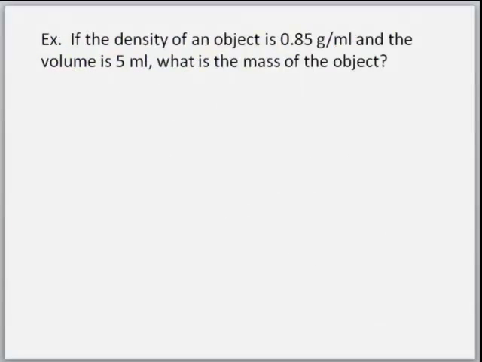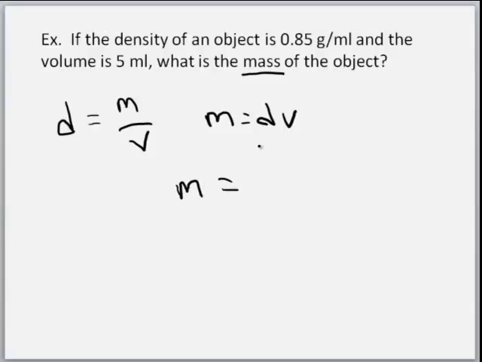Now we can also calculate, let me thicken up the pen here a little bit, we can also calculate the mass of the object. So again, we're going to take our density formula, mass over volume, rearrange it to solve for mass, and again, simply plug in our values. Mass is equal to 0.85 grams per milliliter.